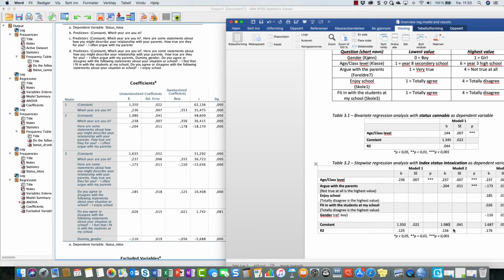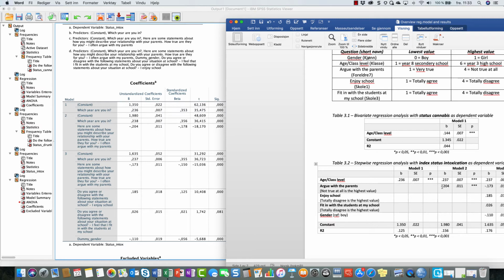And yeah, you cannot interpret this in a meaningful way because 0 is not a valid value on either of these two independent variables. So that would be the answer to the interpretation of the constant.